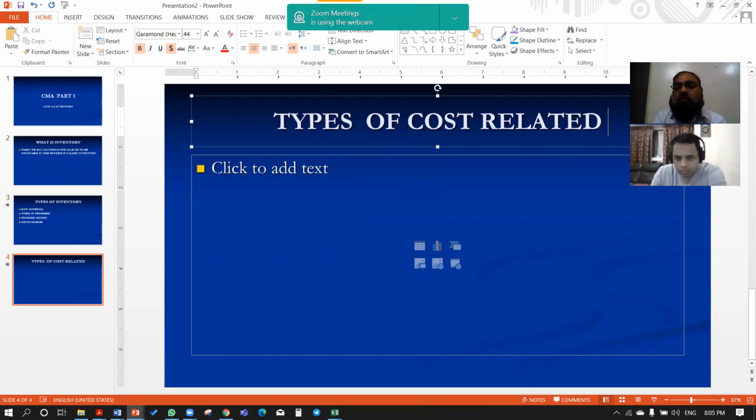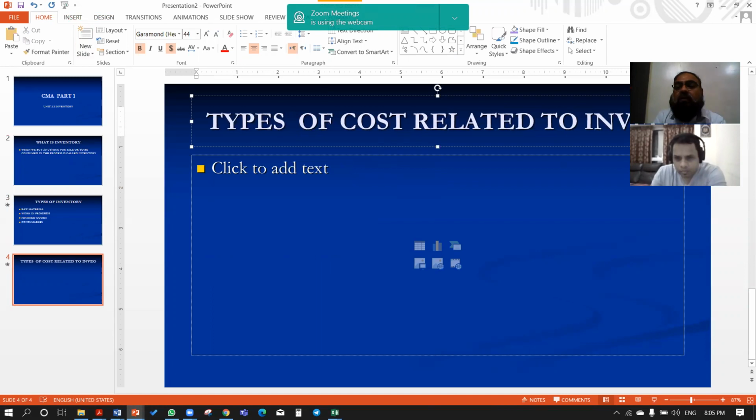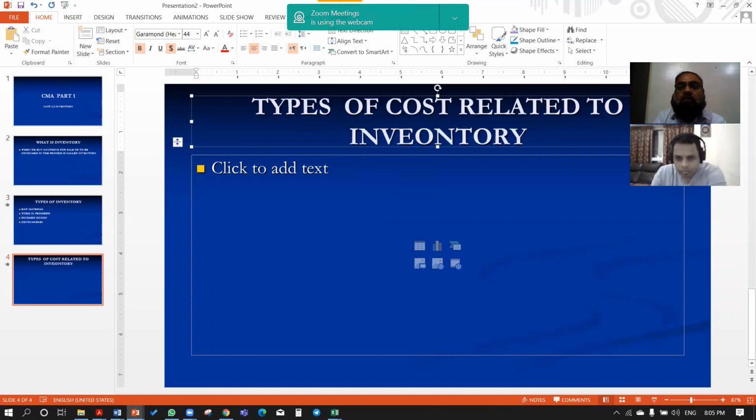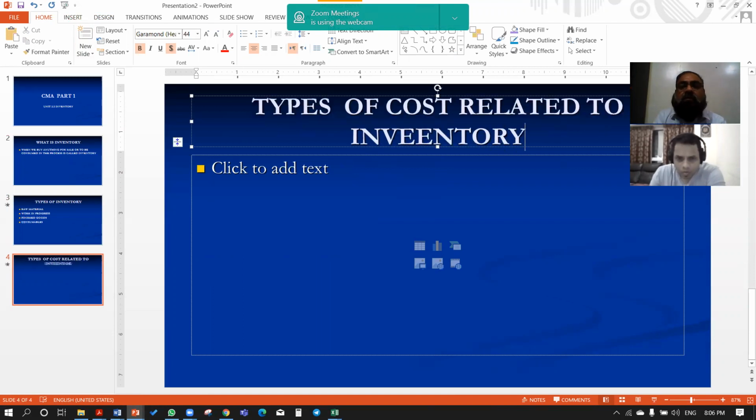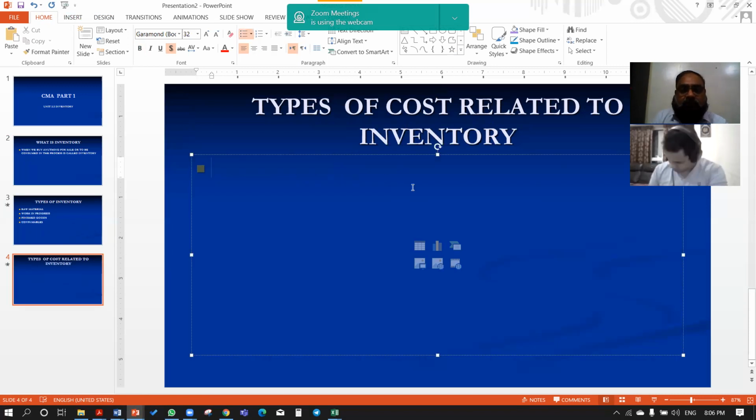Then types of costs related to inventory. What are the different types of cost related to inventory? Shipping costs and all, that is ordering cost.